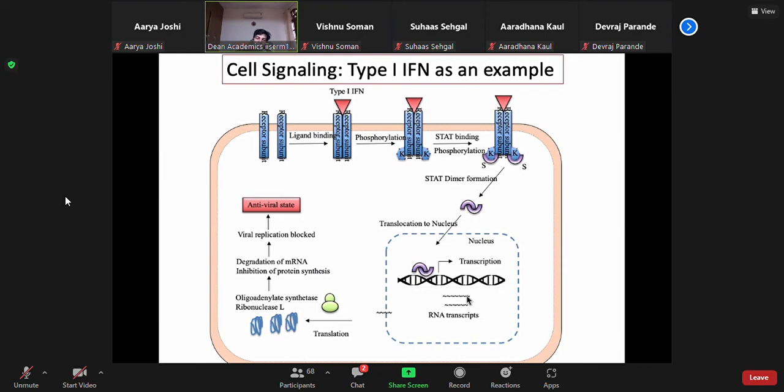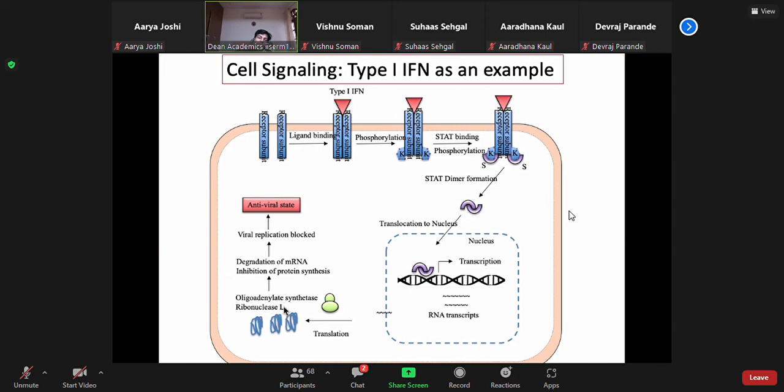antiviral genes. There are many of those. For example, ribonuclease L is one, oligoadenylate synthetase is another one, right? IFIT proteins are synthesized in these cells. And once you have all these proteins synthesized, where would this synthesis take place? In ribosomes, right? Now these proteins have this antiviral function.